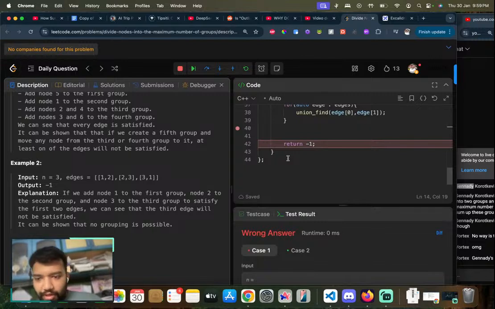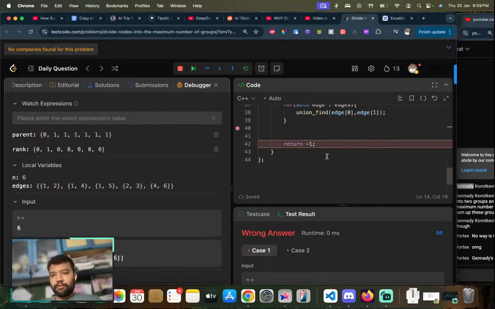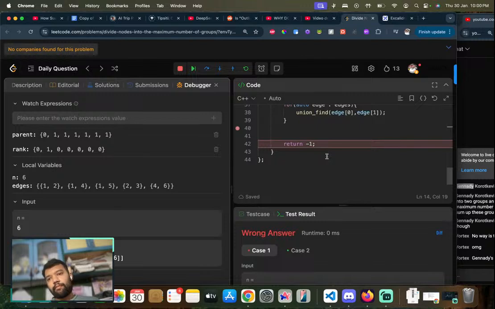Now we have all the parents. Now I need to find the number of groups.